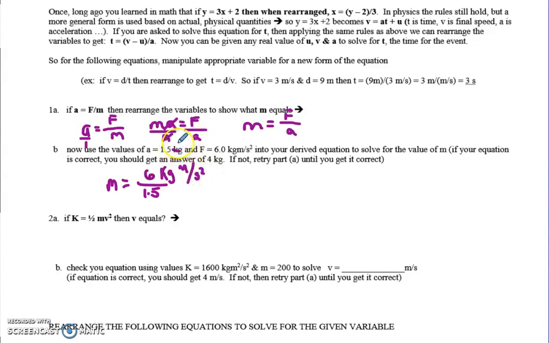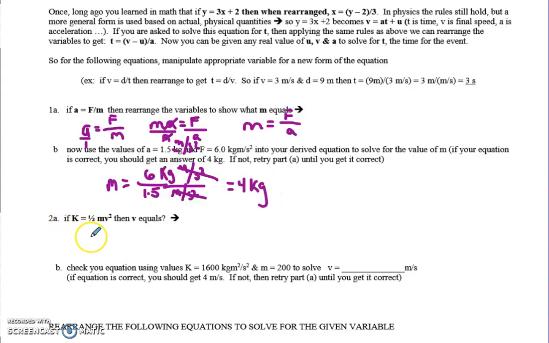This should actually be meters per second squared. So it's 1.5 meters divided by second squared. And then when you do meters per second squared divided by meters per second squared, those cancel out, and you're just left with the unit of kilogram. And then 6 divided by 1.5, you get 4 kilograms, and that's my answer.